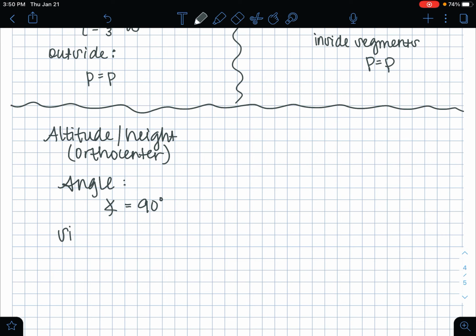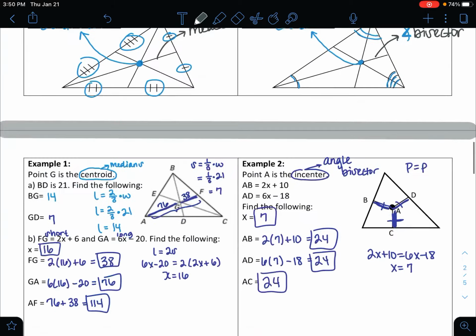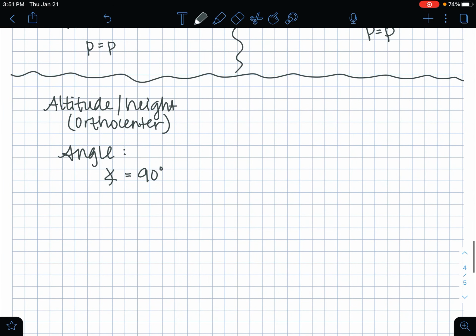If it's an outside or exterior segment problem, it's probably going to have to be part plus part equals whole.